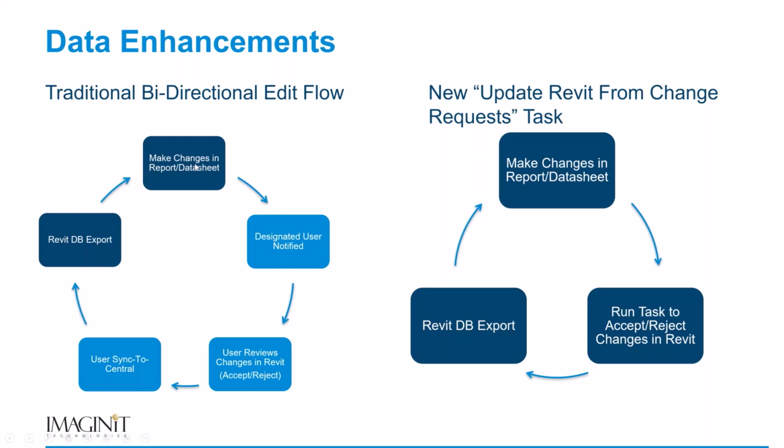So we wanted to make it at least an option that you could have a Clarity task that would go through and do this kind of operation. So now we have an option: if you make the changes in the data sheet, you can kick off a task that will go in and accept or reject those changes for you inside of Revit, and you can kick off the database export and basically do this all as one big action rather than something where we have to get an extra user involved.